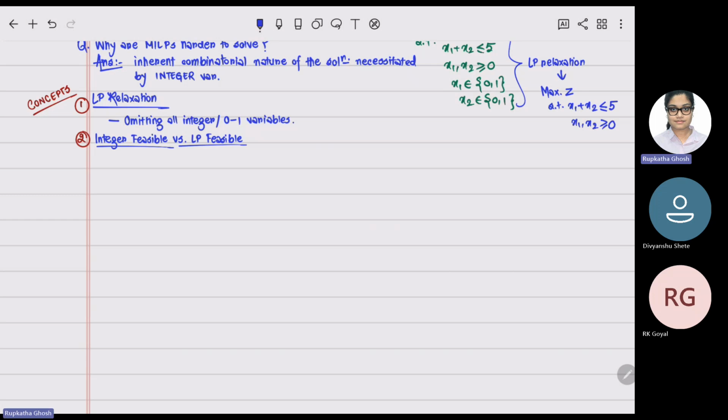When you do an LP relaxation, it is a less constrained or more relaxed version of a normal integer linear programming model.